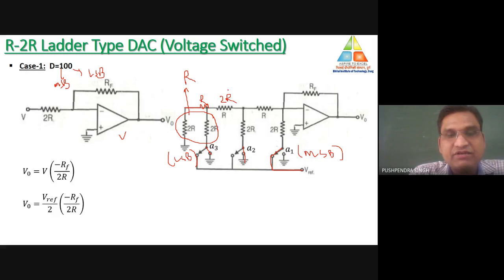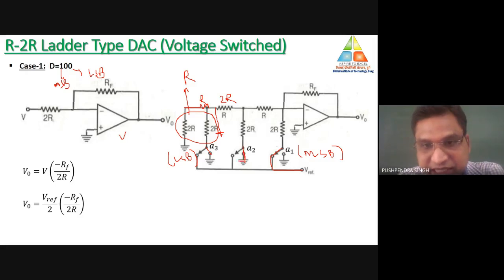R plus R is equal to 2R. Now this will be connected to ground. When we have simplified these two parallel resistances, the equivalent is equal to R, and that R will be connected to ground. Now this R and R will be equal to 2R, and the final circuit will be connected to ground.